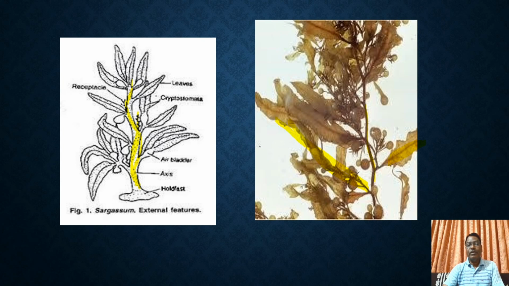Then the fourth type of outgrowth that is produced by the main axis is the receptacle.